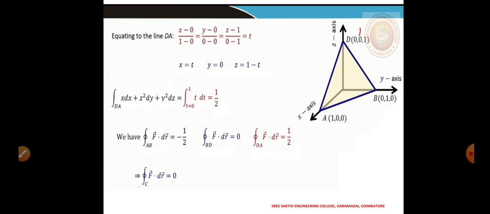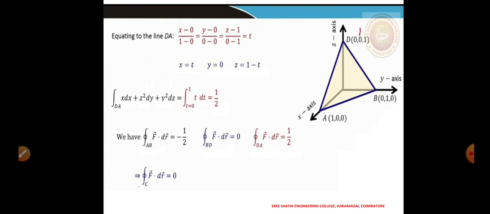Now for the second line, BD, we can write down again the equation for BD, and this ratio is equated to t to have the parametric form. In this case x is not varying: x is 0, y is 1 minus t, and z is t.